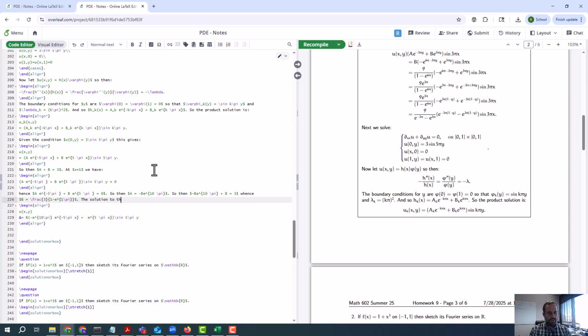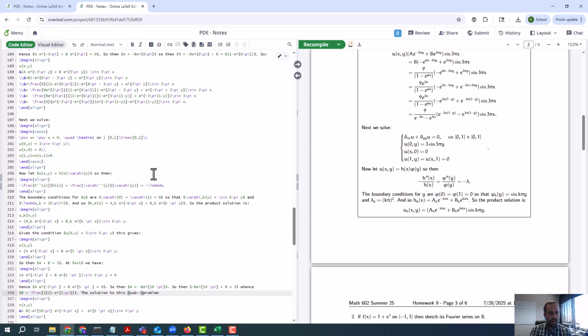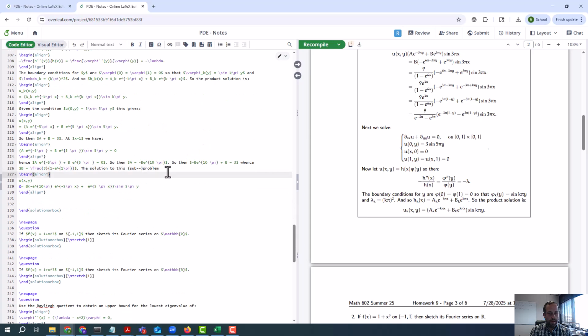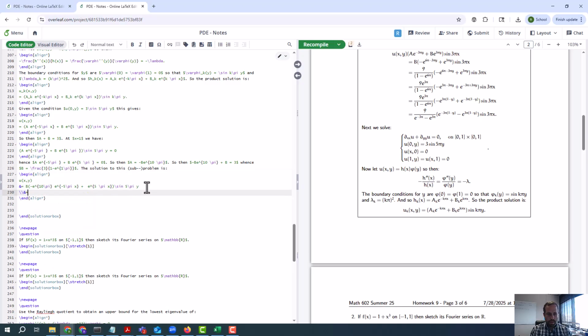The solution to this, again, subproblem, probably should put a hyphen there. Okay, so we have this. I'm just going to replace b with what this says it is.